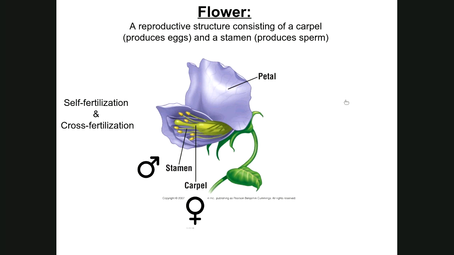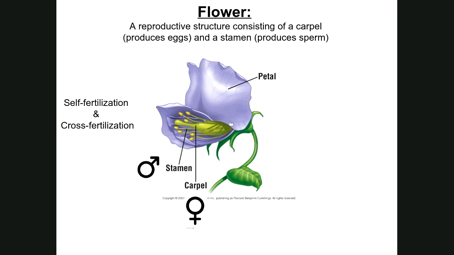Now, what I mean by Mendel choosing plants, what was a great thing about plants is plants can reproduce two different ways. They can asexually reproduce, whereby it only requires one parent who has the ability to produce both egg and sperm. Except I'm not going to say asexual reproduction when I go over Mendel's work. I'm going to say self-fertilization.